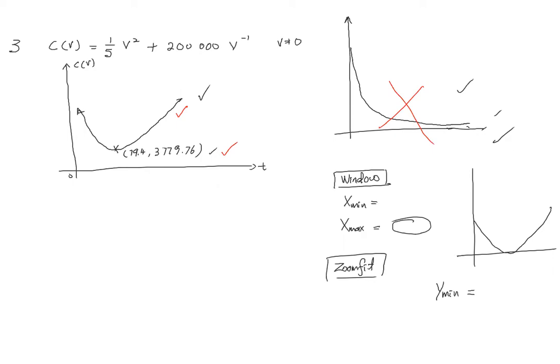Your graphic calculator will show you this. But when you give it to me, you have to do it like that. Are you okay? Okay. Got it? So at what speed will the cost be minimum? So at this speed. Get me?